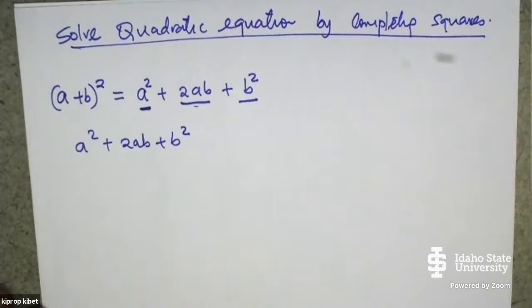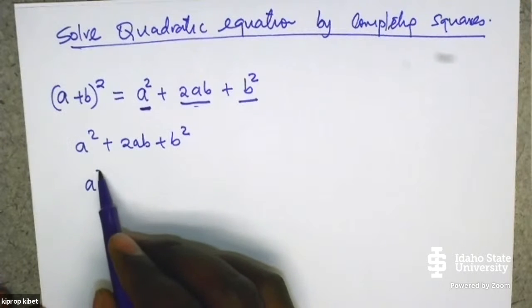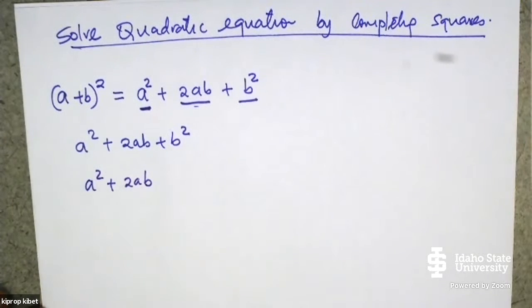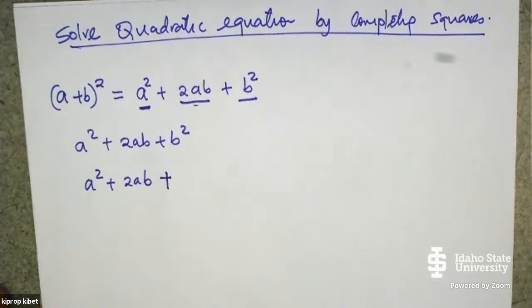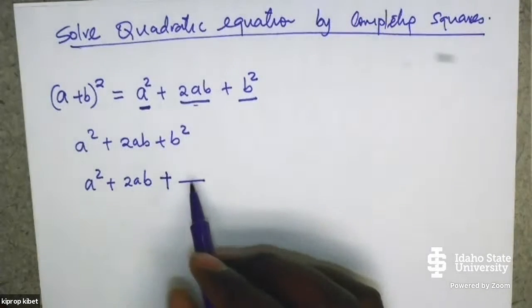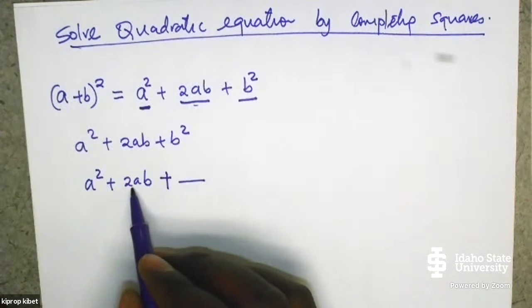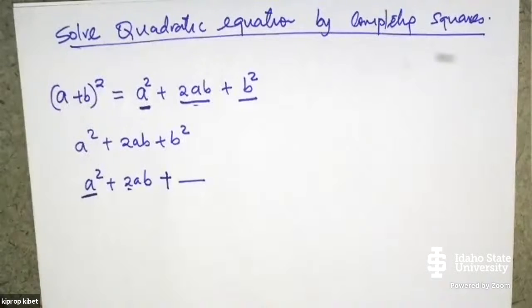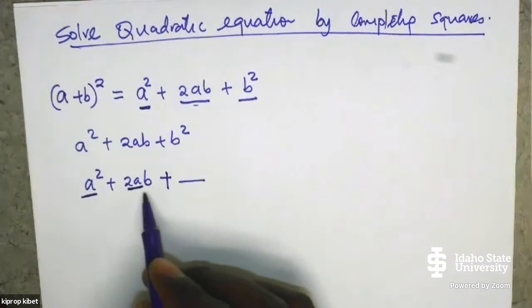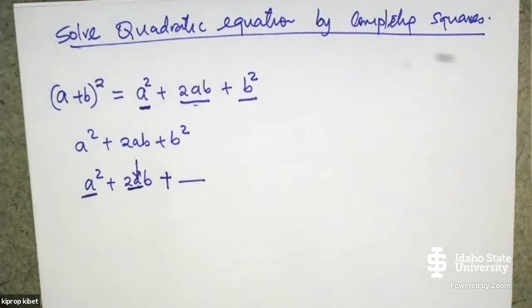Since we have a squared plus 2ab, to get the next value there, we take half the coefficient of x, the coefficient of this x here, and then we square it.